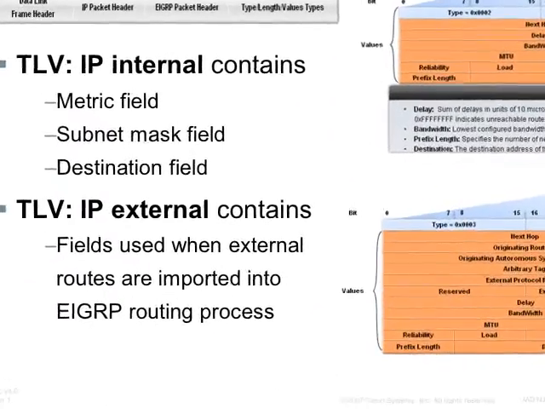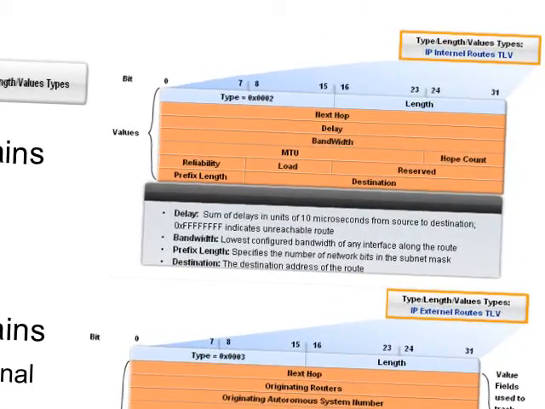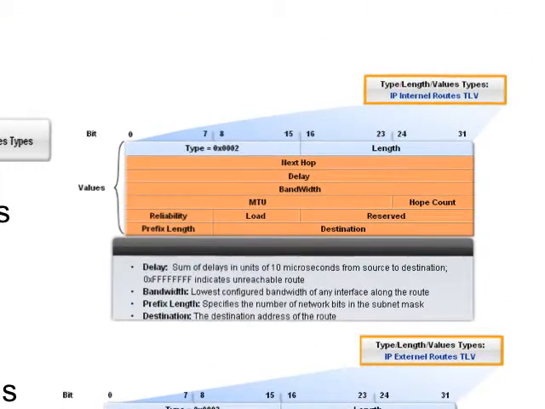So the IP internal TLV is more important in that case, because that's where you need to communicate the route updates using EIGRP. Okay, so here in this TLV IP internal, we use the hop count, and then we use the different parameters or the different values that we use to calculate the metric.